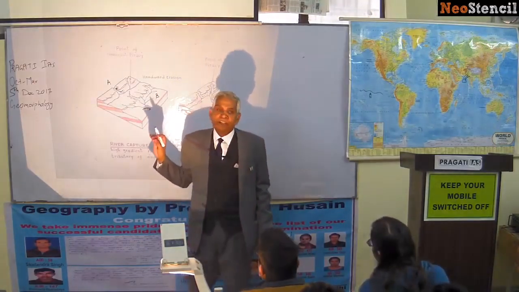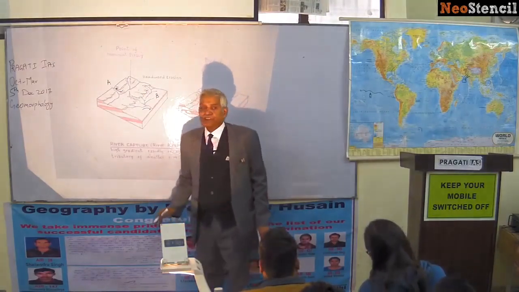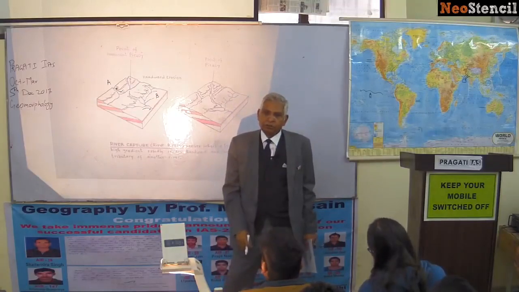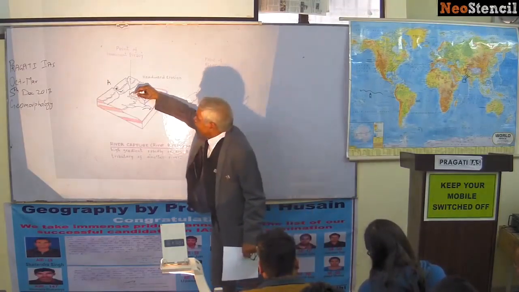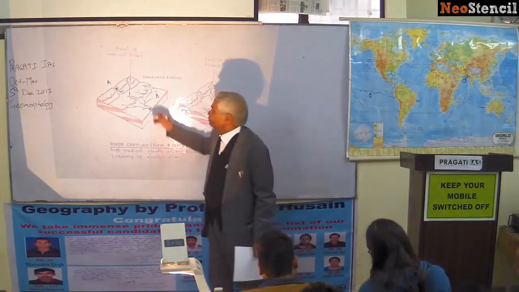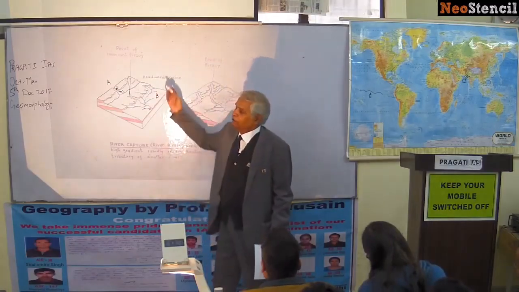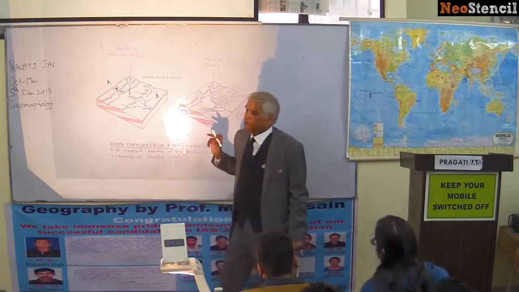If you look at this diagram, the slope is steeper on this side. A steeper stream will be doing more downward cutting. When it is doing more downward cutting, it is extending its course. A time may come when it may reach up to this, and then it will divert the water of this and this in this direction.